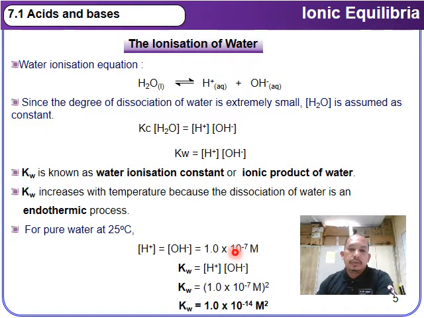So, the formula is Kw equal to the concentration of H+ times the concentration of OH- ion. So we get the value of Kw as 1 × 10^-14 M². So this is the Kw value for pure water at 25 degrees Celsius.